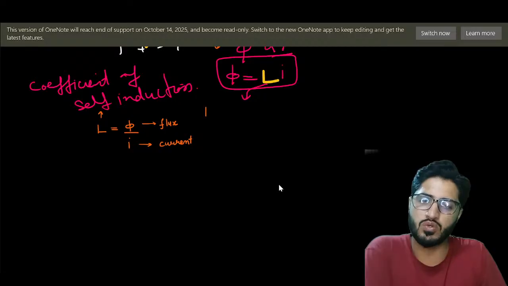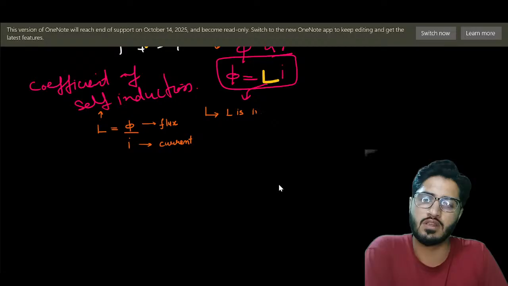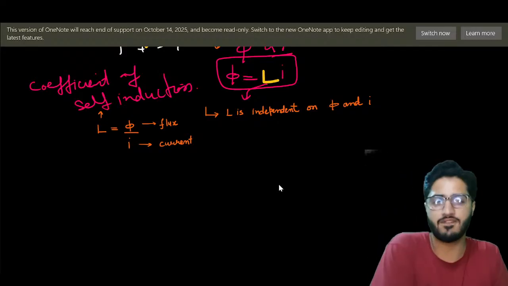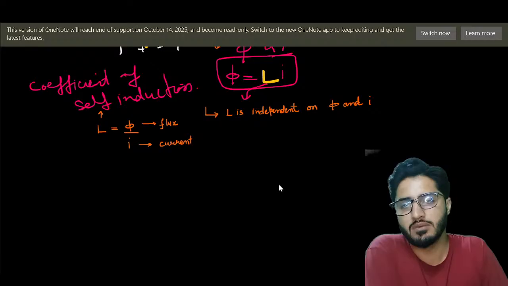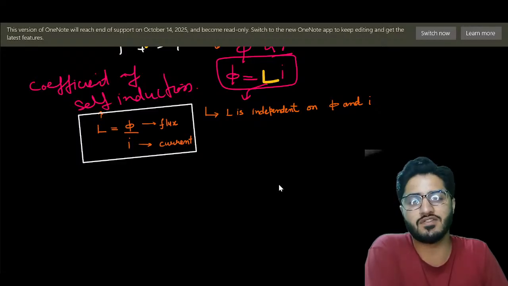The thing you need to remember is that L is independent of flux and current. It doesn't depend on these two parameters, phi and current. But you might say, sir, we have an equation which clearly states that the induction coefficient is phi by I.